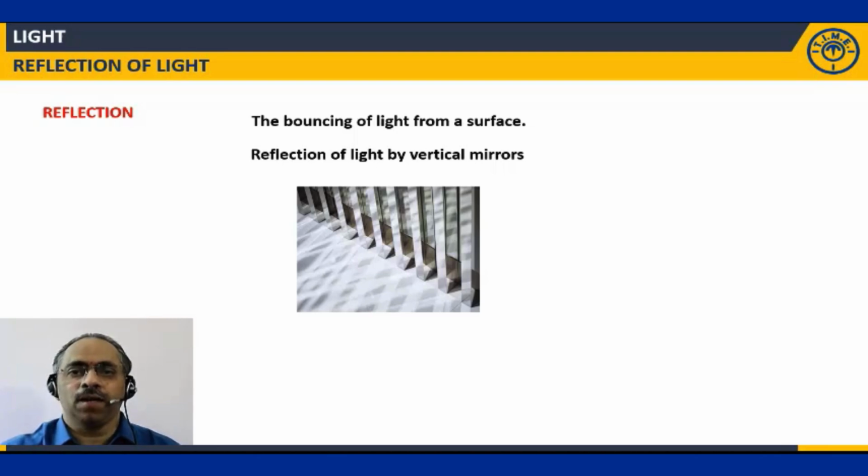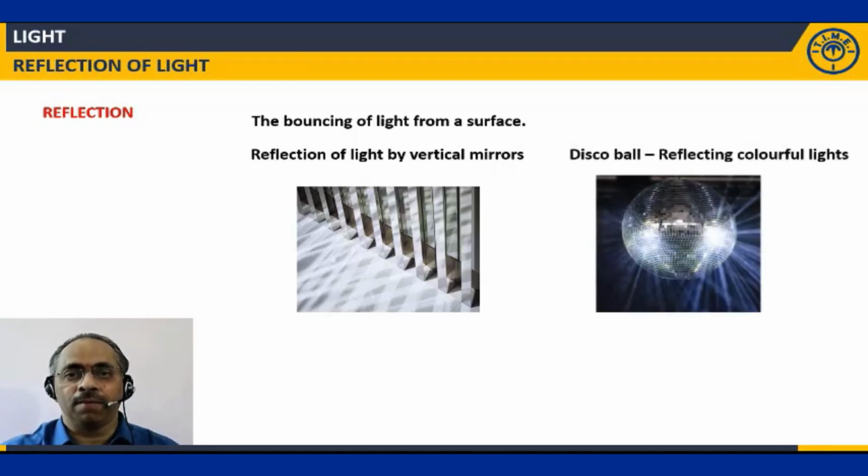You might have observed such a thing in infotainment areas like this. Different colored light is incident on it and is reflected in different directions. So basically, reflection happens sometimes perfectly like this, sometimes not.